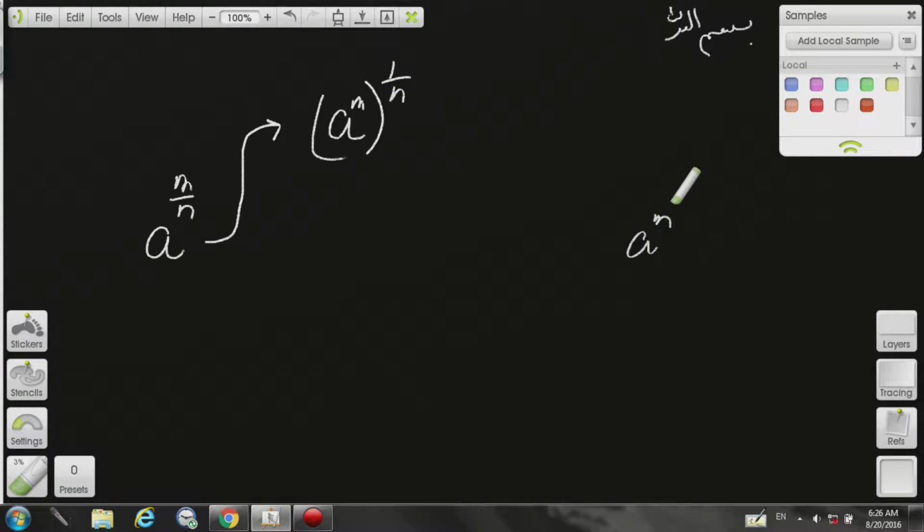Because we have known from before a to the m to the n equals a to the m times n. That's the rule that we know from before, power of a power. So this can be rewritten as this. And this means it's the nth root of that. Correct?